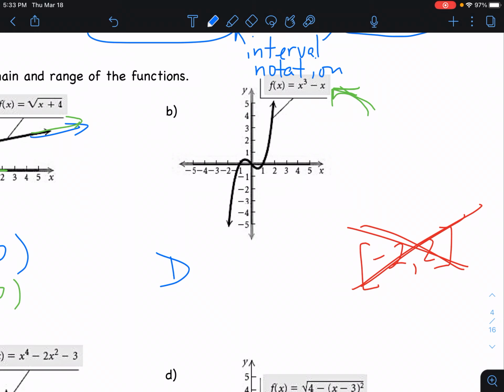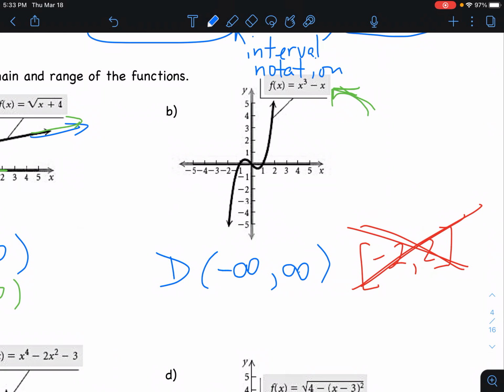And those arrows are technically going left forever and to the right forever. -infinity to infinity. Even though it doesn't look like it's going right forever, it might have to go a mile into the atmosphere to go another inch, but it is still technically gradually going right forever, even if it's microscopically.